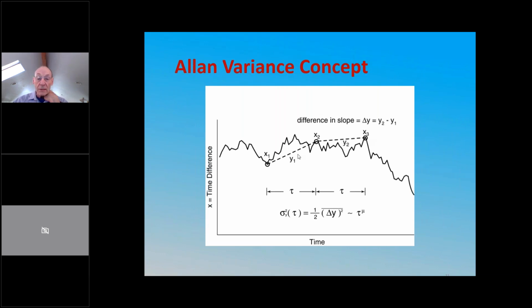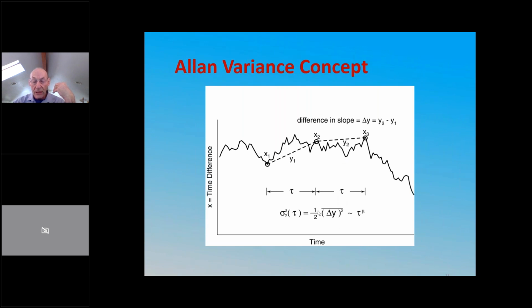Those are the two different slopes here, and the difference in those slopes, y2 minus y1, is an estimate of the instability of this clock. How is the frequency changing as a function of tau? So we take the difference over two neighboring intervals of length tau, and we square that.